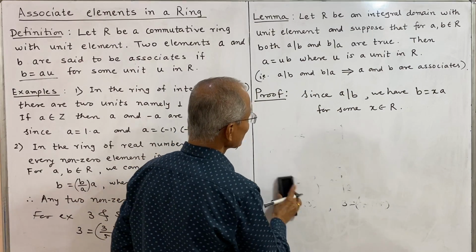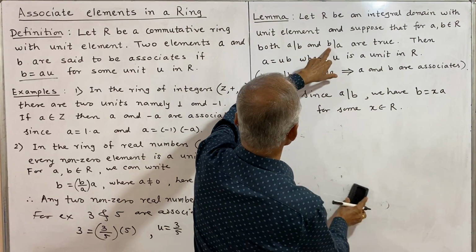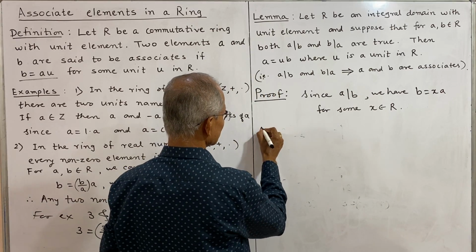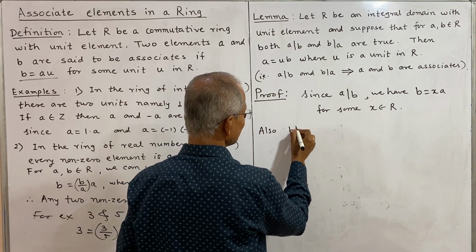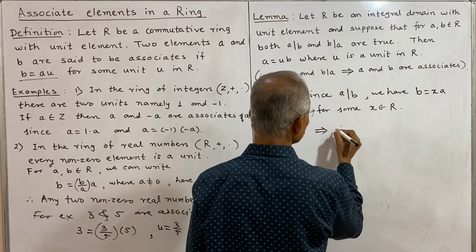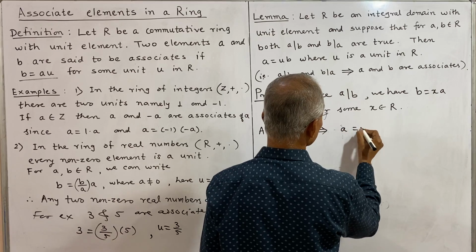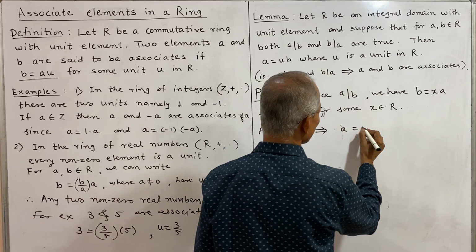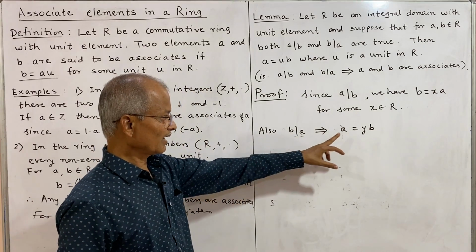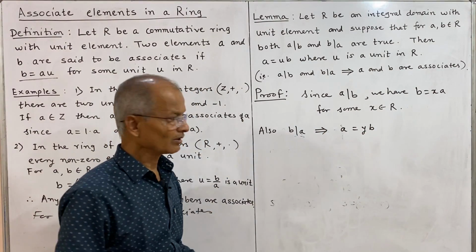And also what is given, b divides a. Also b divides a, and this implies a is equal to y into b, a is a multiple of b, for some y belongs to R.